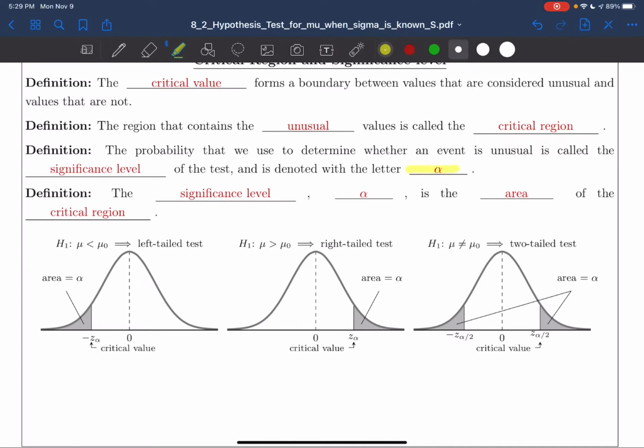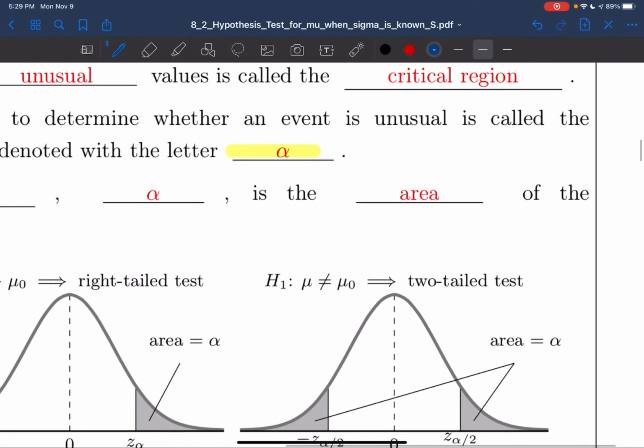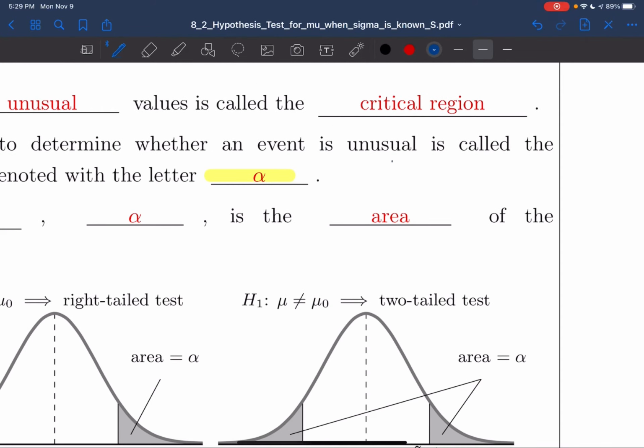Again, this is just a Greek letter. So if you want to write it, imagine an infinity sign, but a little bit off. So alpha, the way I write it, is just like that.